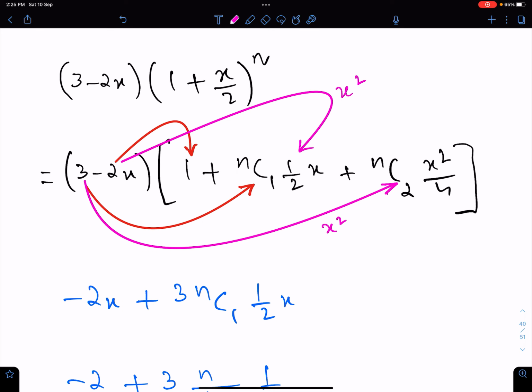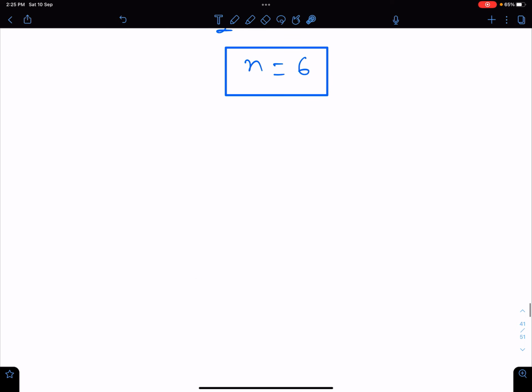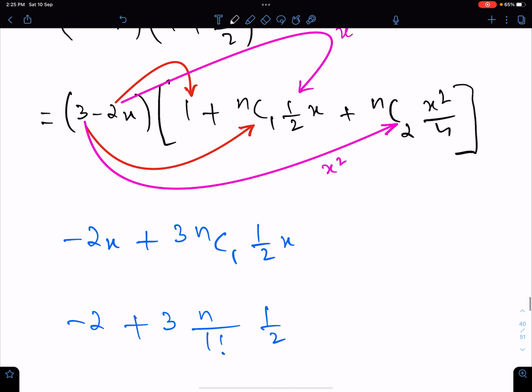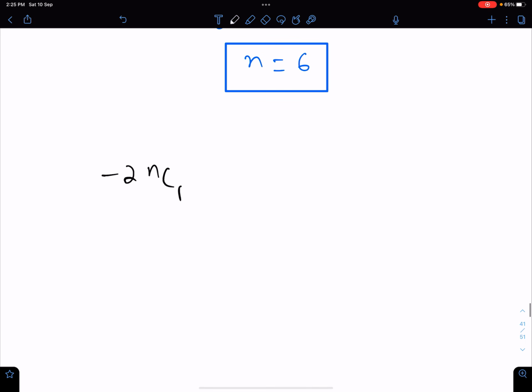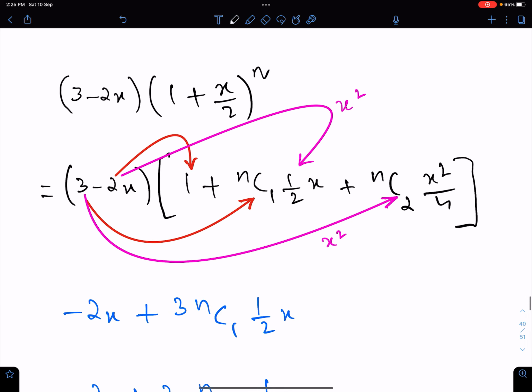So when you multiply minus 2x with this, you will get minus 2 nC1 1 upon 2 x square. Be careful. Write the terms correctly. Minus 2 nC1 1 upon 2 x square. Right. And when we multiply this 3 with this, we'll get 3 nC2 x square upon 4.